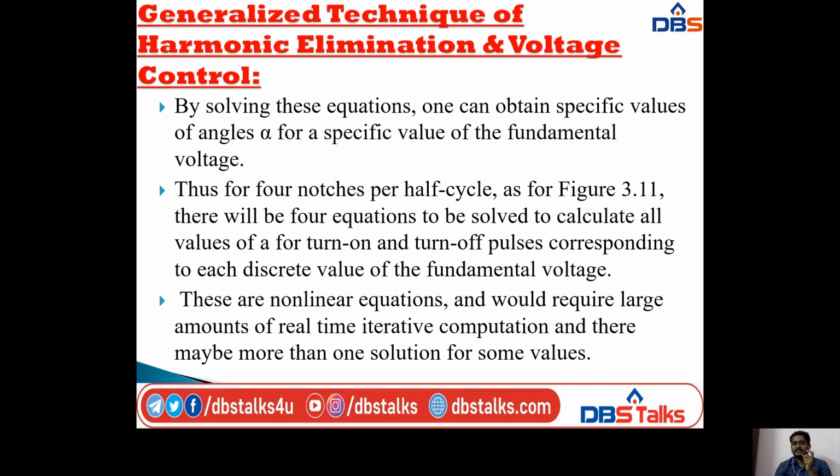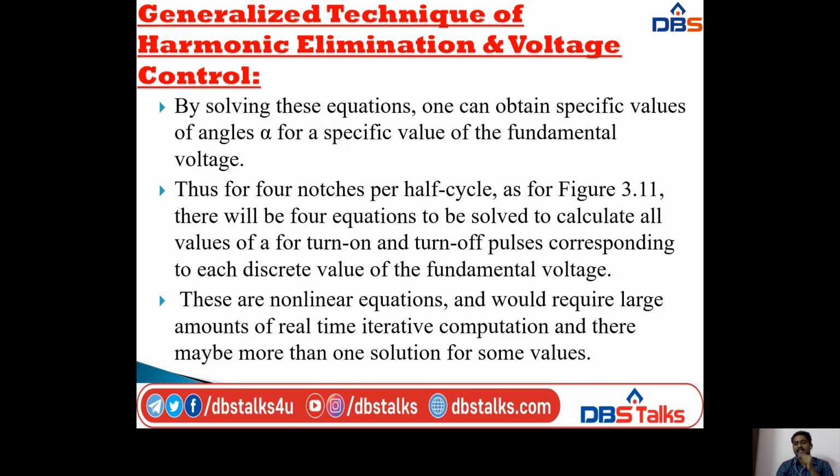Next, for 4 notches per half cycle, as in figure 3.11, there will be 4 equations to be solved to calculate all values of alpha for the turn on and turn off pulses corresponding to each discrete value of the fundamental voltage.